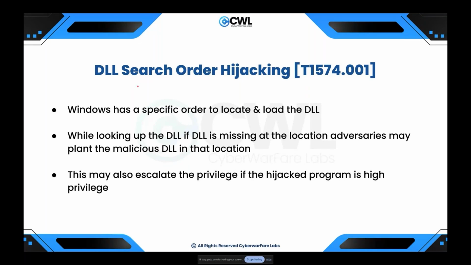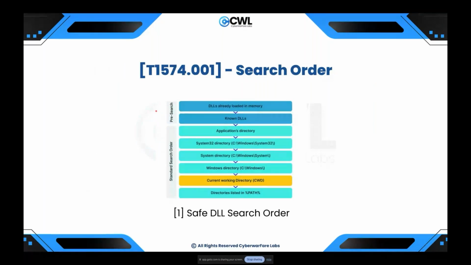Sometimes this will also give privilege escalation, and sometimes to perform such a thing you may also require higher privilege. So we will see why by looking at the search order. If you look here, this is the search order that Windows follows when safe DLL search mode is enabled.